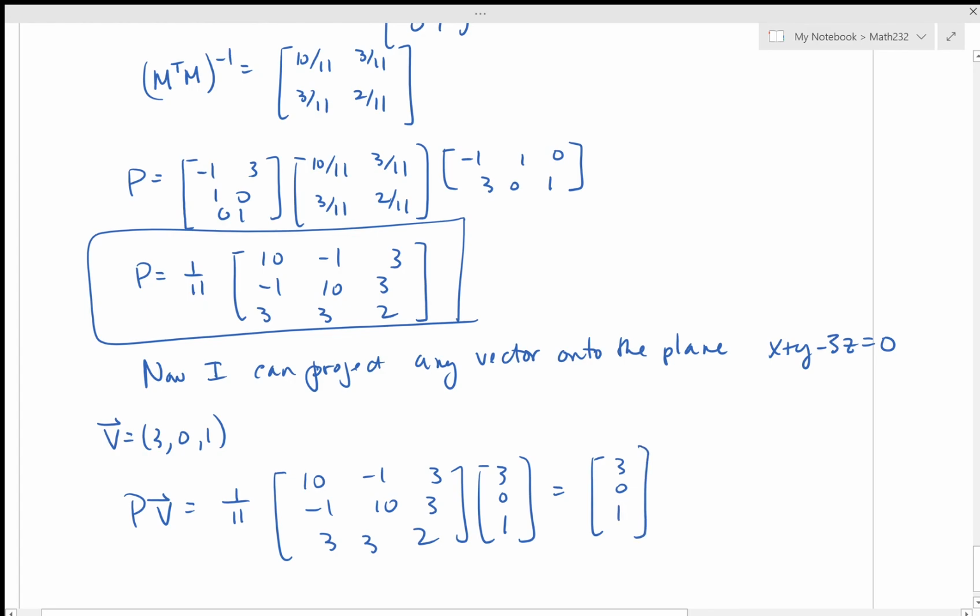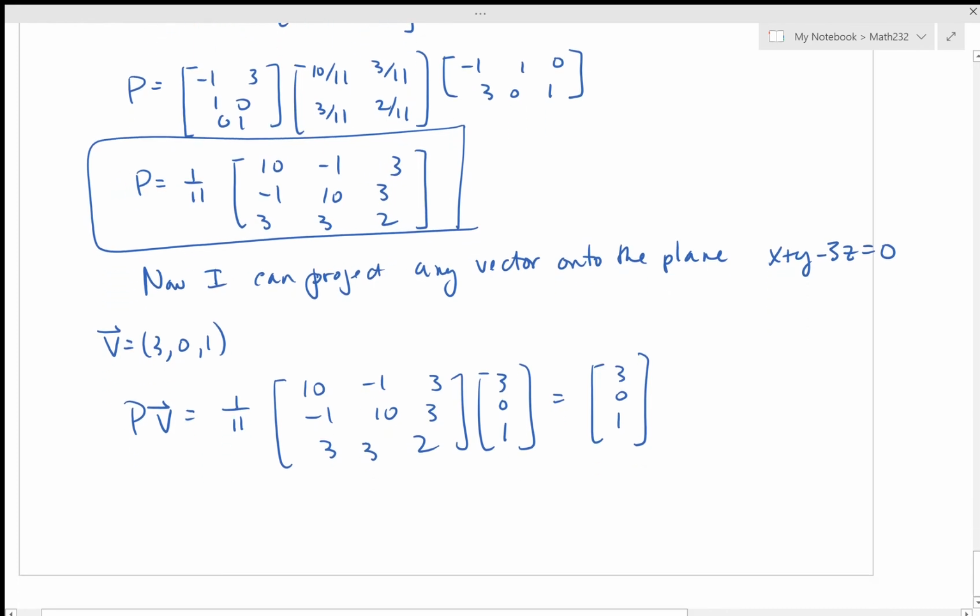First, I feel mild amounts of alarm, because I wasn't necessarily thinking that was going to happen. What is this? So then I think to myself, what does this tell me? This tells me that the vector was already in the plane, because it didn't change. So then I think about that, and I think, okay, is that true? And then I look at how vectors in the plane are defined.